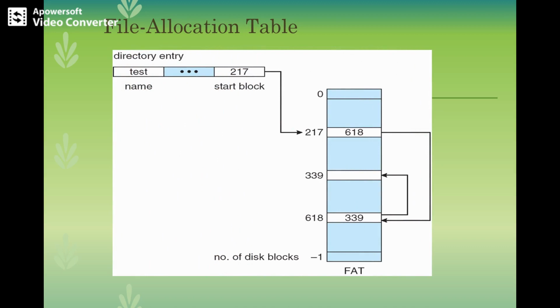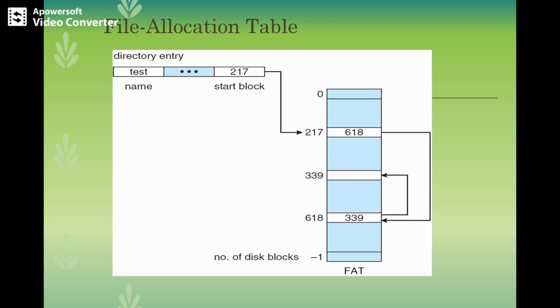So this is the representation of the file allocation table. As you can see, there is a particular name of the file or directory entry for the file. This file allocation table has a directory entry which contains the block number of the first block of the file. So the first block of the file has the number 217, and the table entry index for that block number then contains the block number of the next block.